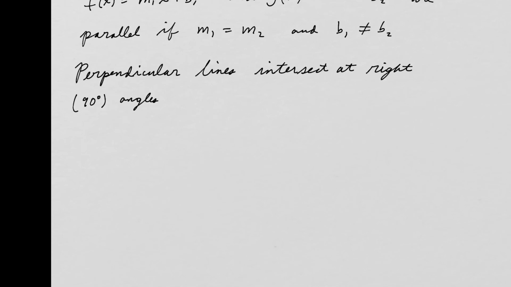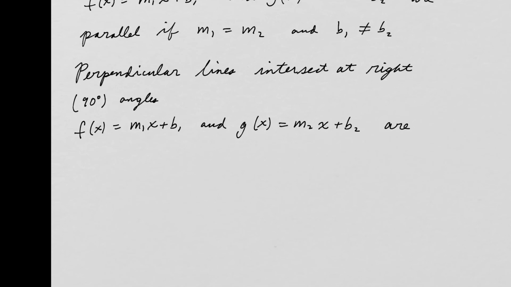So how do I know if two lines are perpendicular? Again, if I have two functions, say f of x is equal to m1 x plus b1 and g of x is equal to m2 x plus b2, these are going to be perpendicular if, remember it's a test on the slopes, if I take the product of the two slopes, m1 times m2, and I get negative 1, then I know that they're perpendicular.